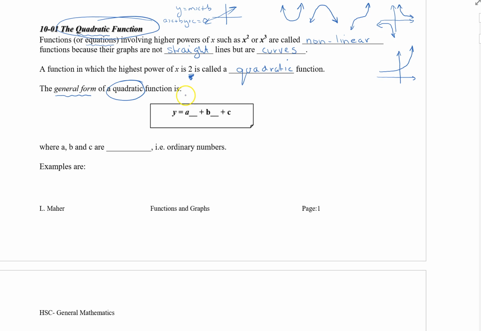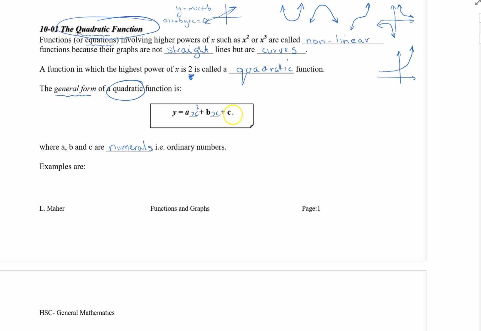Quadratic is y is equal to ax squared plus bx plus c. So we have two x terms. You don't have to have the second x term all the time. The important thing to have is the x squared. And the a, b and c are numerals. That just means they're ordinary numbers. They could be decimals, they could be fractions.